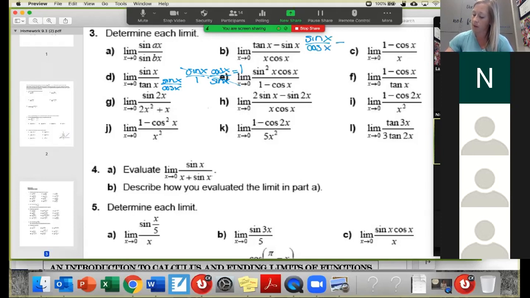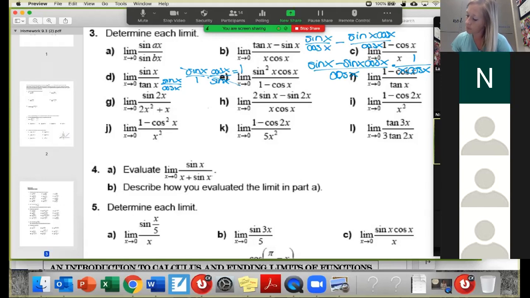I would have gotten a common denominator: sine x cosine x over cosine x. So that's just for the top. I would have then made this sine x minus sine x cosine x over cosine x for the top and multiplied the bottom. So it's going to be 1 over x times cosine x.